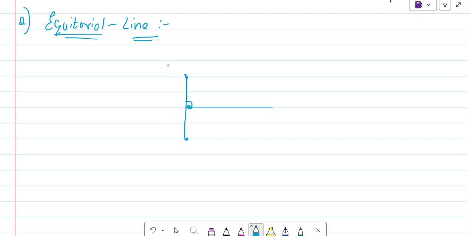The equatorial line, plus q charge, minus q charge, a given point P, a distance, this is your r distance. Okay, this is the direction of dipole moment vector.